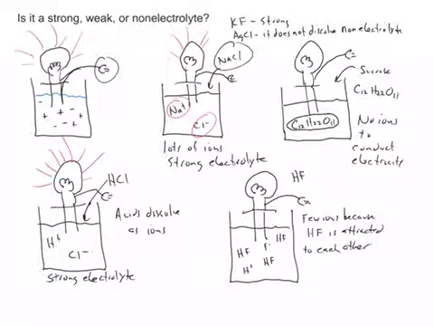The hydrogen and the fluoride are attracted to each other, so they don't come apart. And so we get a little bit of ions. It's kind of a dim light.